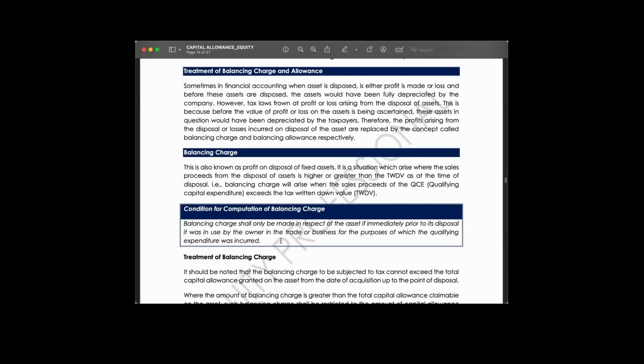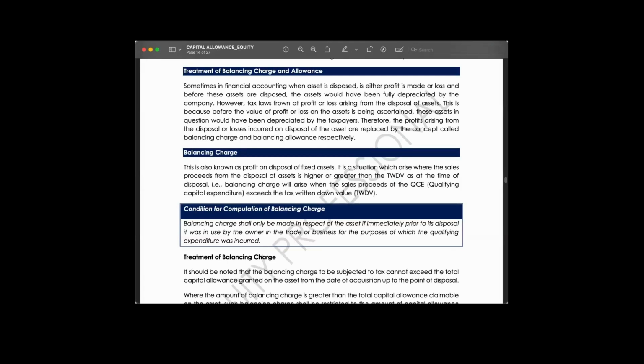And the tax law says that your balancing charge cannot be more than total allowance claimed on the asset disposed. If that is the case, my total balancing charge must not exceed total allowance claimed on the assets. Let me say it again.